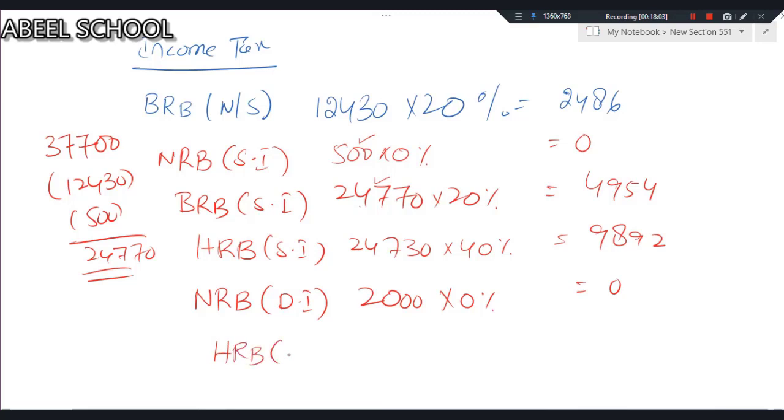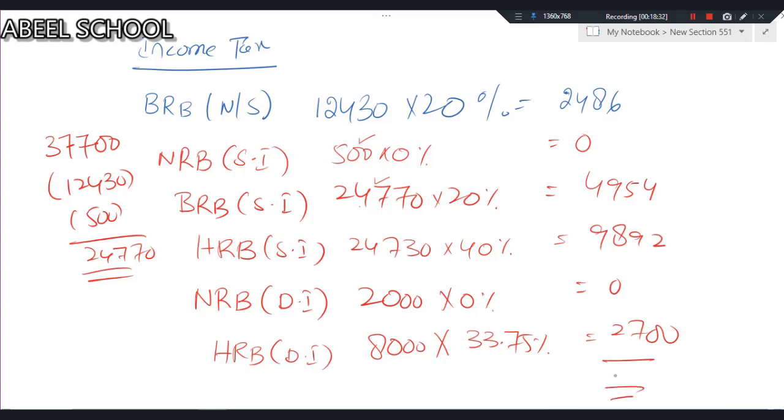So higher rate band, dividend income, which is 8,000 into 33.75%. The applicable tax rate is 33.75%. So 8,000 multiplied by 33.75%, I'm getting 2,700. Let me check again. 8,000, 33.75. Yes. So here comes your income tax payable.